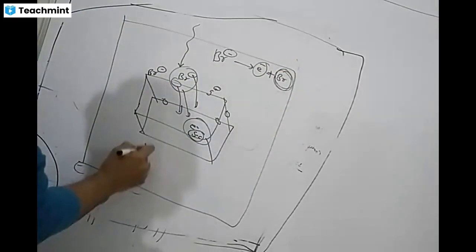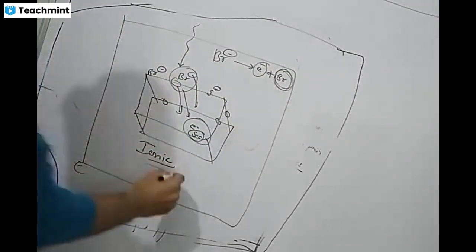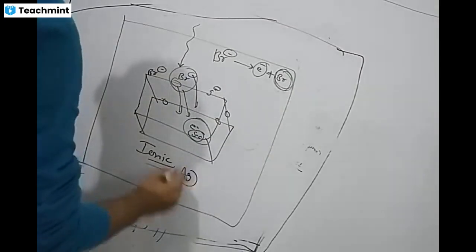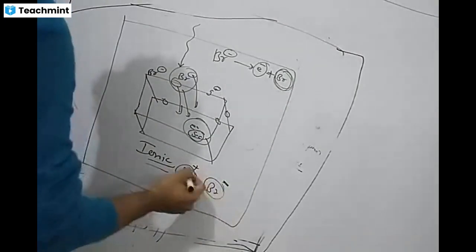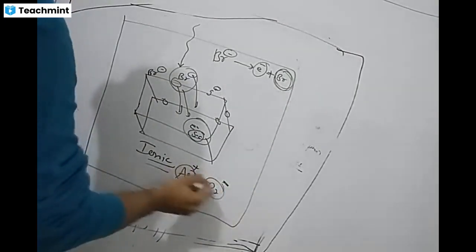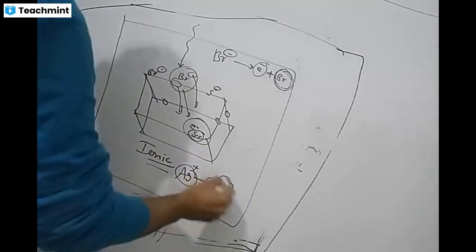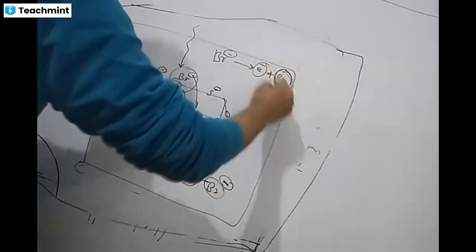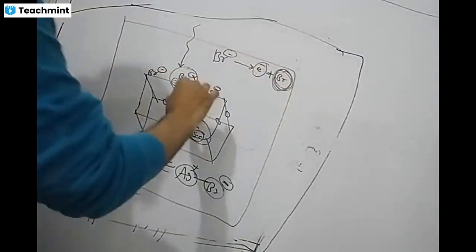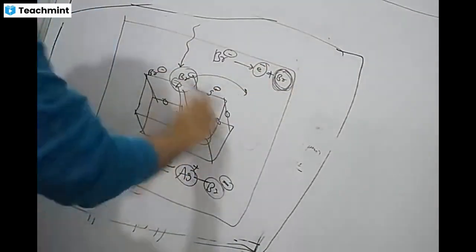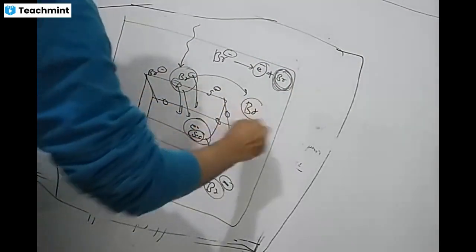Because this is an ionic crystal, this bromine was in the crystal lattice, and its negative charge was attracted to the Ag plus, forming a bond. But if you remove this electron and make this bromine a neutral atom, it will come out of the lattice structure into the gelatin.